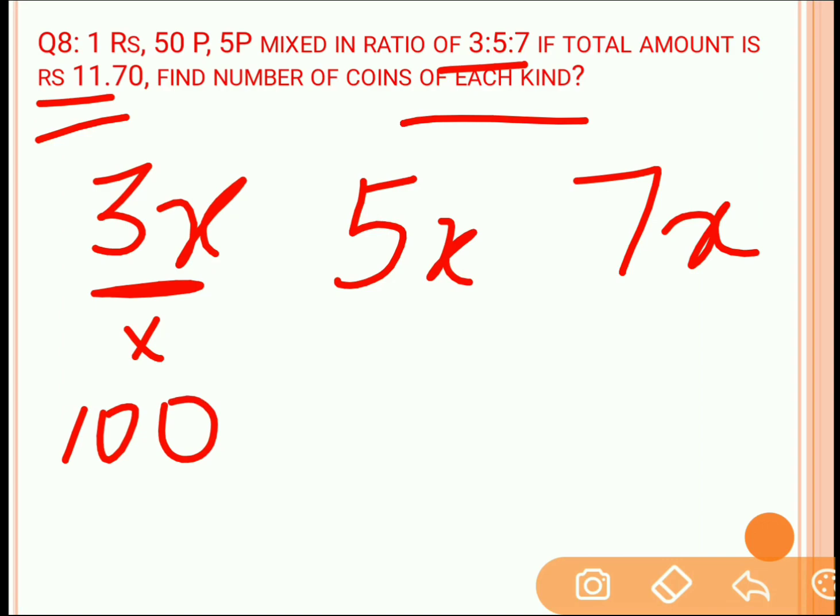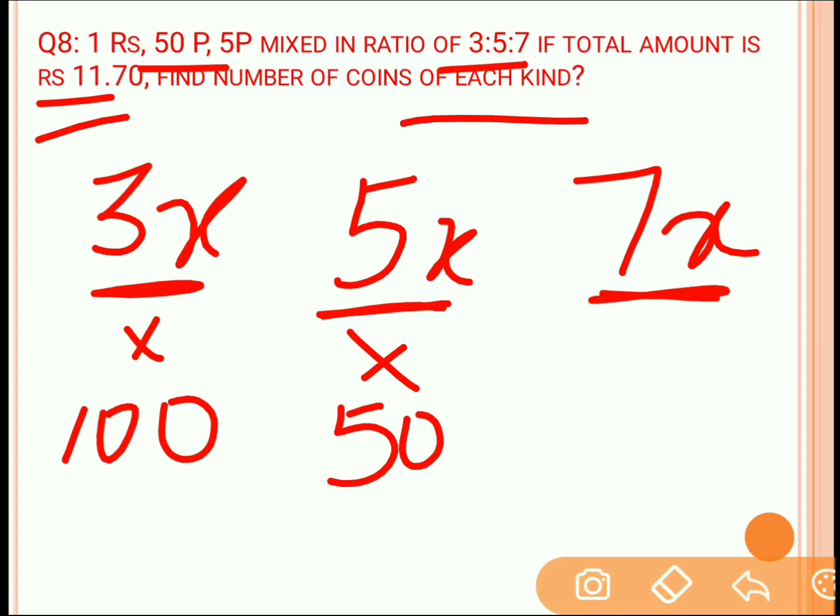Same way, 5x 50 paisa coins are there. So the value of these 5x coins multiplied by 50 will be equal to 250x paisa. Same way, there are 7x coins of 5 paisa. Each coin has a value of 5 paisa, so you can say that the value of 7x coins will be 7x into 5, which is 35x paisa.